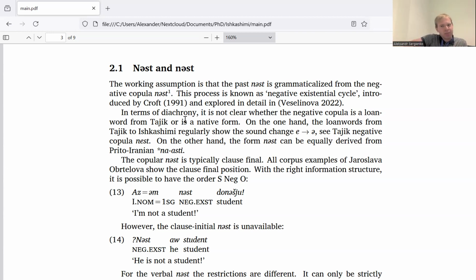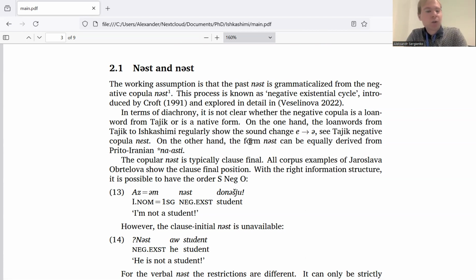On one hand, the loan words from Tajik to Ishkashimi, or from Dari to Ishkashimi, regularly show the sound change from this kind of majhul to this vowel, there are a lot of such words. But on the other hand, the form nist can be equally well derived from Proto-Iranian na-asti, from a combination of Proto-Iranian sentential negation and the copula form asti. So it's basically not clear.